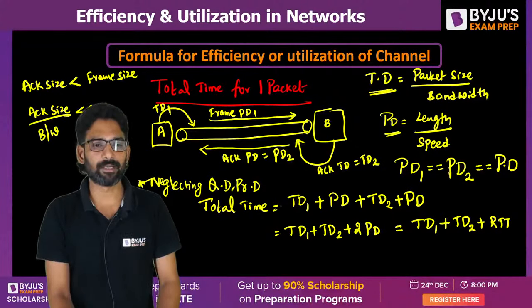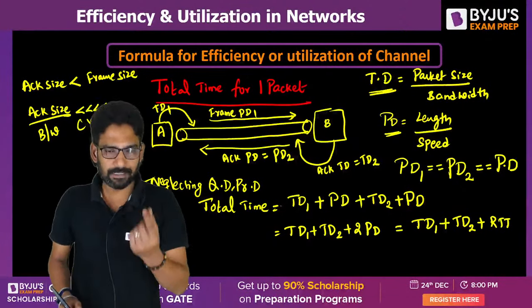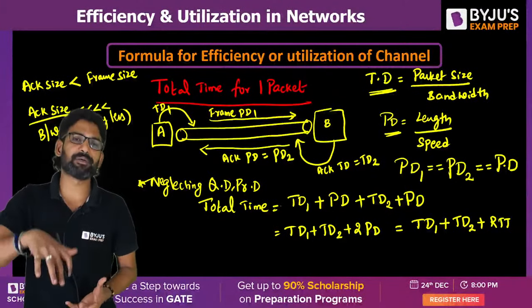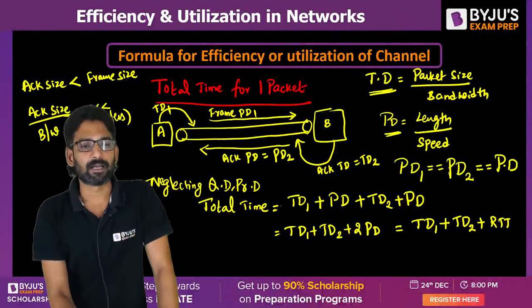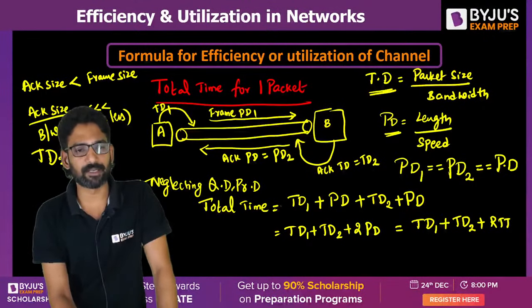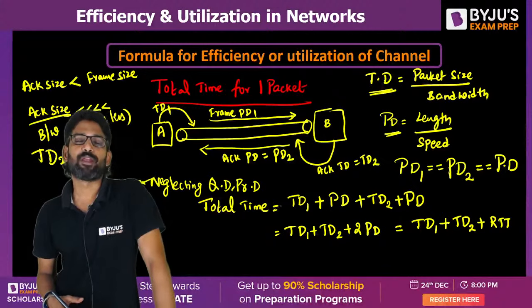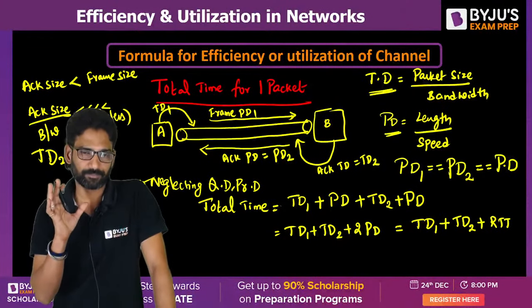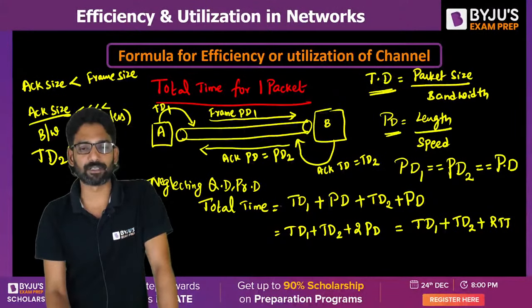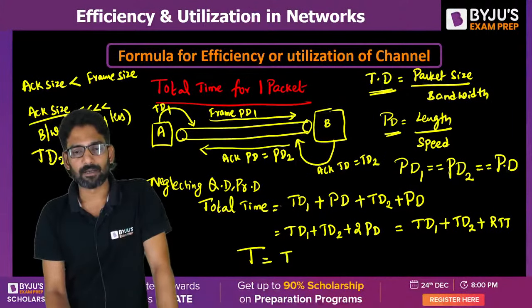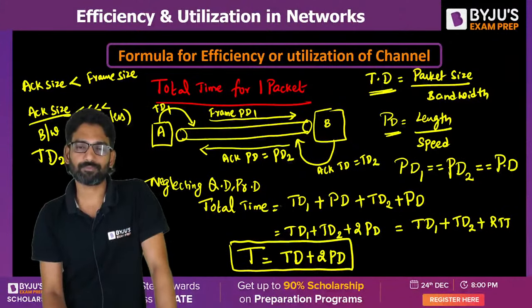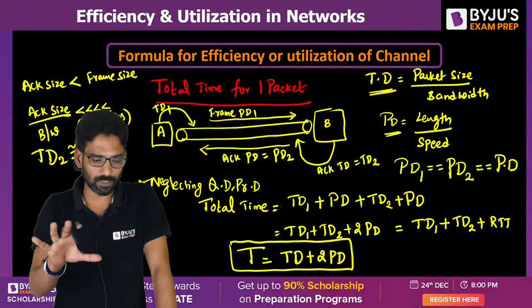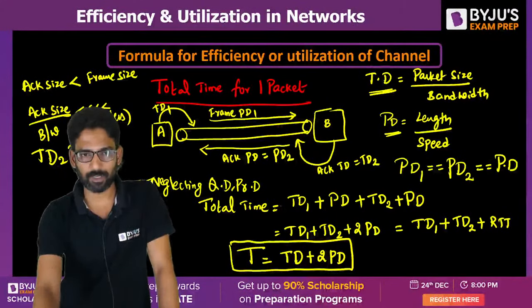Because already it is a small number. That small number I am again dividing with some number, so it becomes even more small. That means acknowledgement transmission delay is becoming very minute or very less. So taking that into consideration, the total time T is 1 transmission delay plus 2 times of propagation delay, neglecting TD2. So this is what the total time.